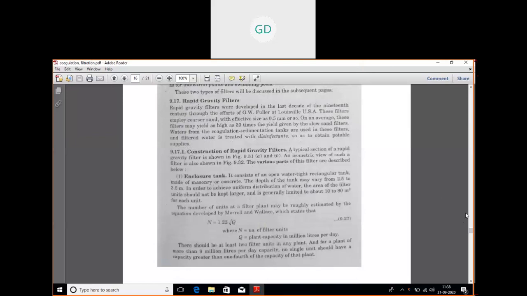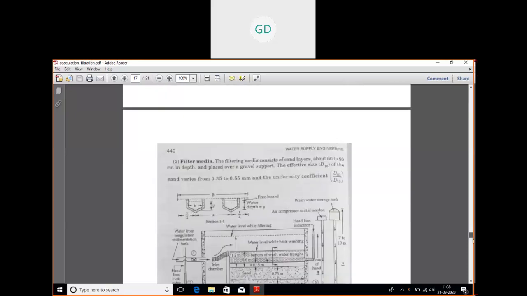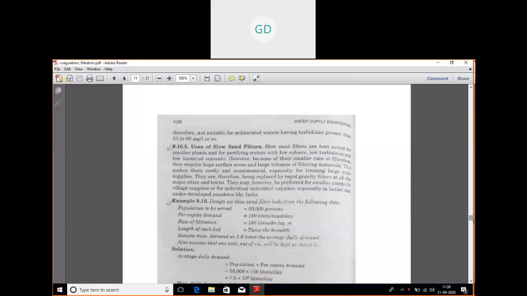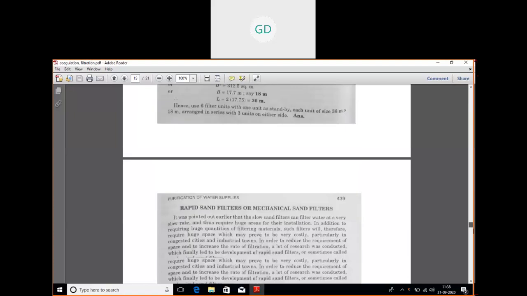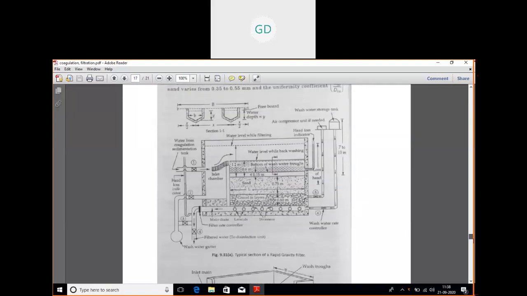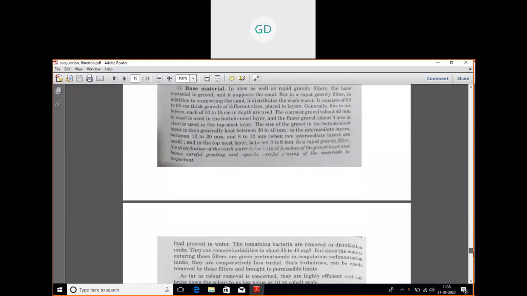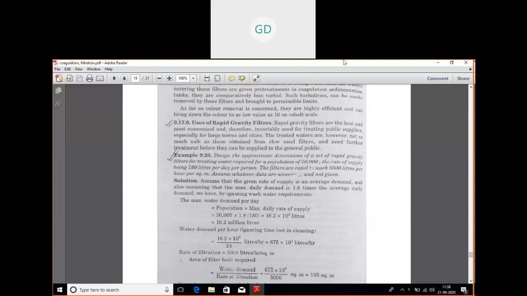You just see in this PDF that I will provide you. So this drawing you need to draw. For rapid gravity filters, you see here.